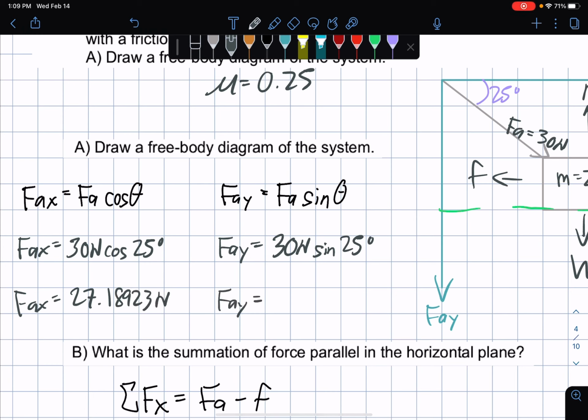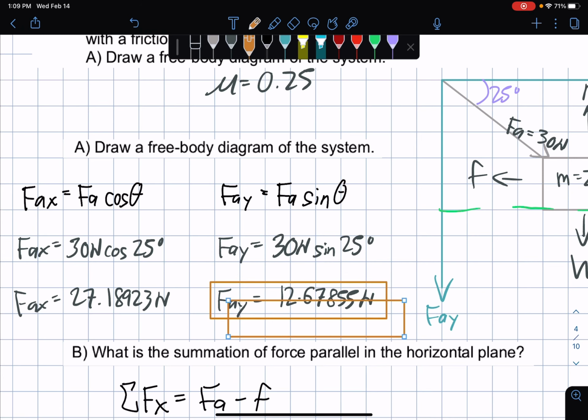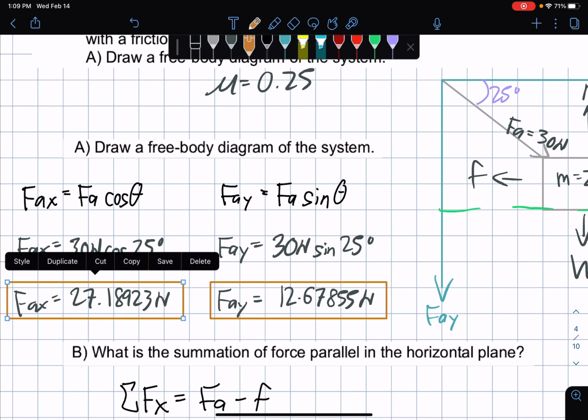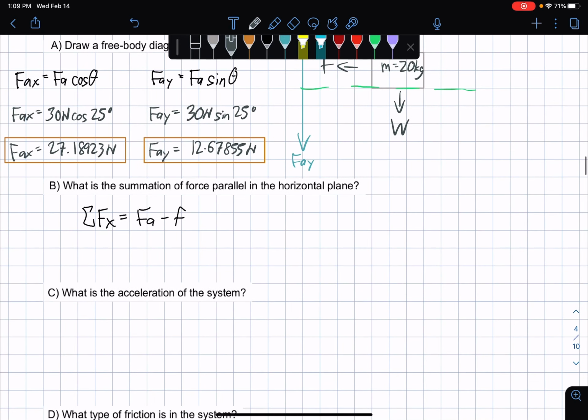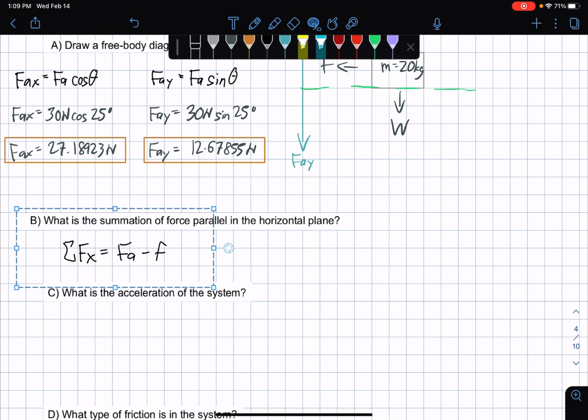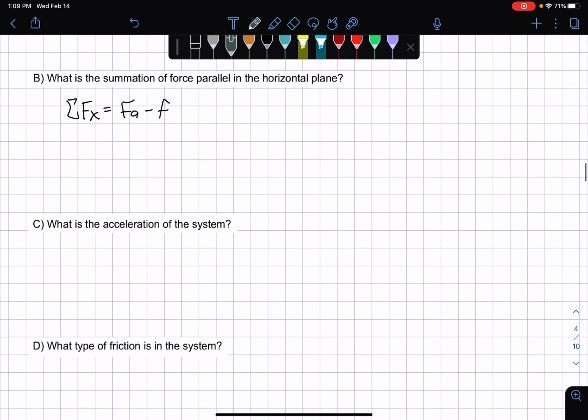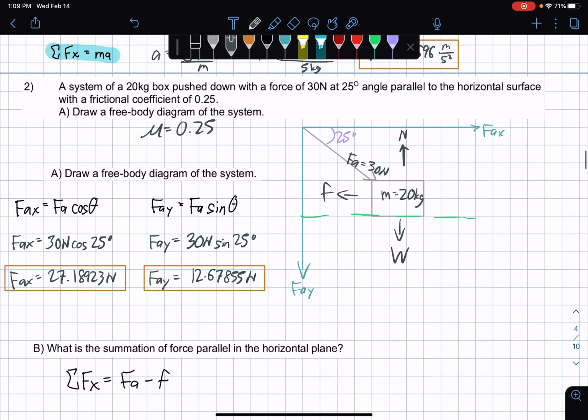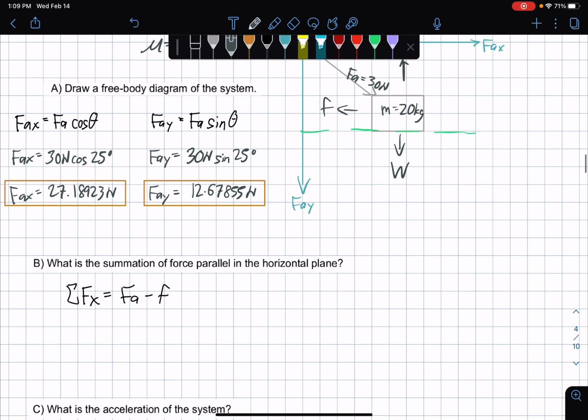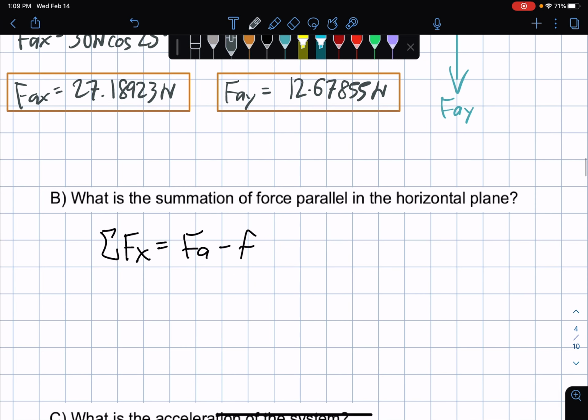For FAY, it is said to be 12.67855 newtons. Okay, need more space to avoid making the solution paper too crowded.